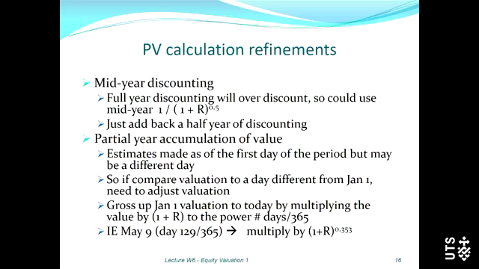So some people like to use mid-year discounting to say, instead of assuming that it's all happening on the last day, we're going to assume that it happens halfway through the year, right? So that's a potential refinement you could use, where instead of discounting the first cash flow to the power of 1, you discount it to the power of 0.5. And then you go 1.5, 2.5, and so on and so forth. Yes?